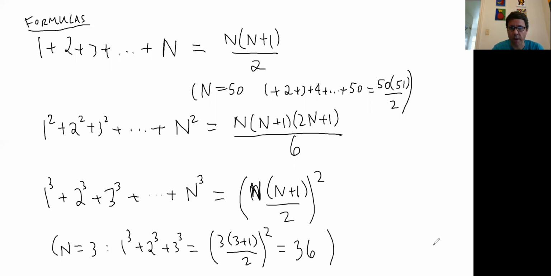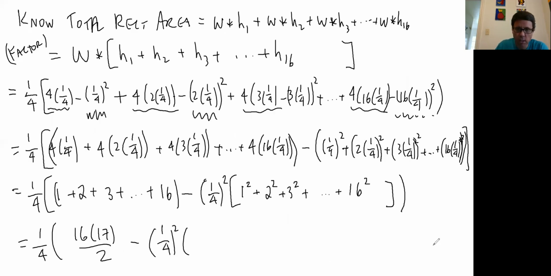I'm going to have to do a little bit of math, but not too bad. So this is 16 times 17 times 33 all over 6. So both of those are just using the formulas that we had before. So that's kind of nice.